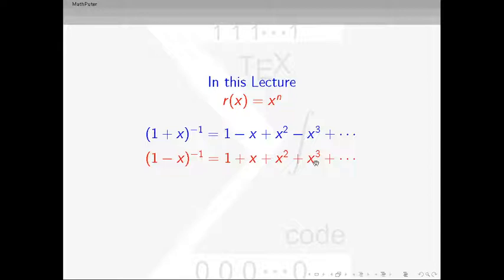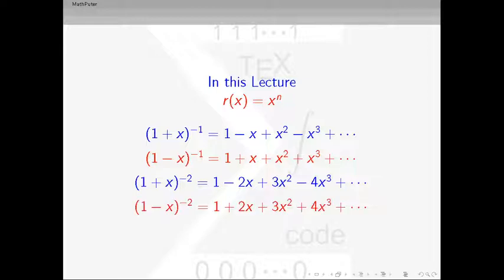The next one is (1 plus x) raised to minus 2, which is 1 minus 2x plus 3x square minus 4x cube, and likewise (1 minus x) raised to minus 2, which is 1 plus 2x plus 3x square plus 4x cube and so on.